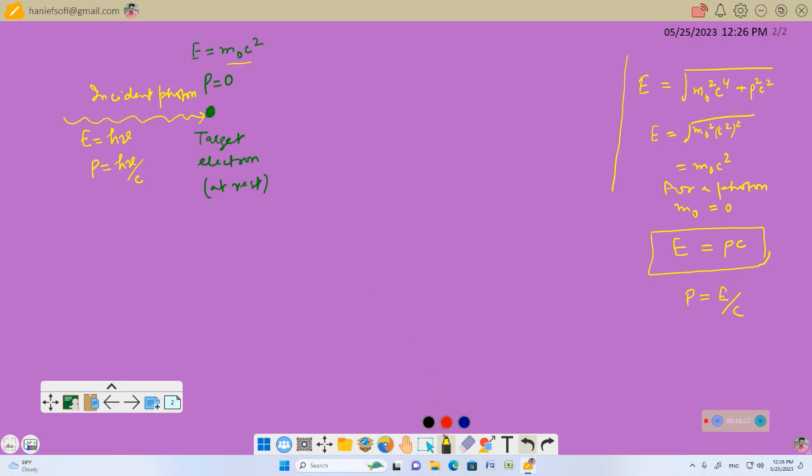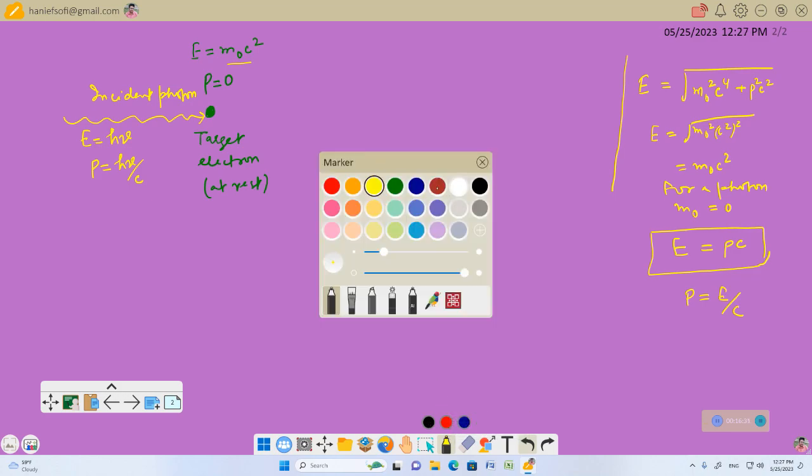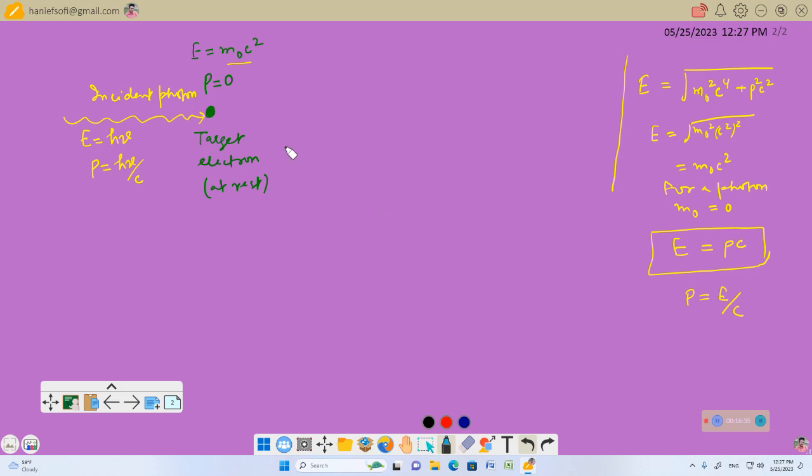After that, what happens? Let me use another color. This photon gets scattered. So this is my scattered photon. As I told you, the incident photon loses some energy to the electron. So the scattered photon's energy is different.